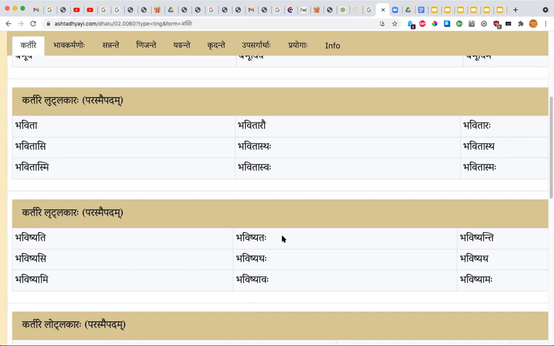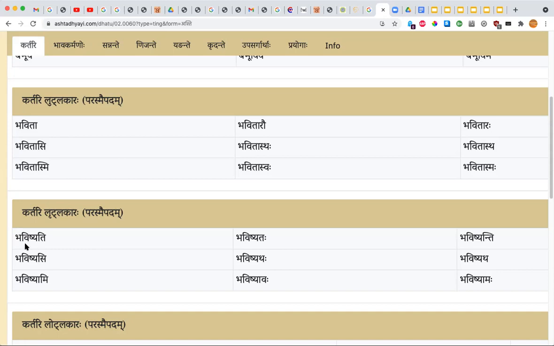No, what you are doing is correct. Let us simplify the sentence so that it's easy. Saha vaidyah bhavishyati. He will become a doctor.